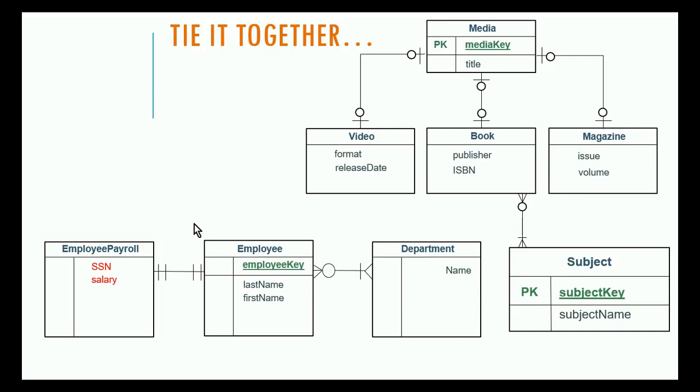In a good entity relationship diagram, you would of course have all of your primary keys identified. Since it's a logical ER diagram, you don't necessarily need to start thinking about the foreign keys yet. We're going to cover that in the physical design. And you also wouldn't have to worry about data types and things like that. So we'll talk about that stuff later on. So that's how we do a logical design using entity relationship diagrams.